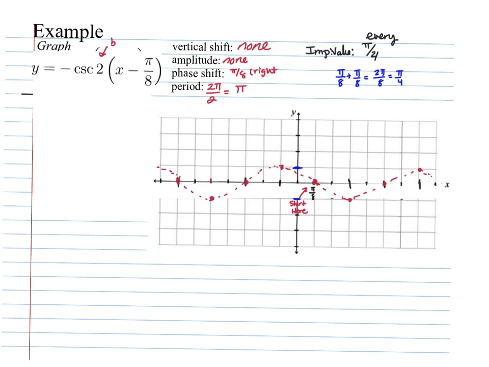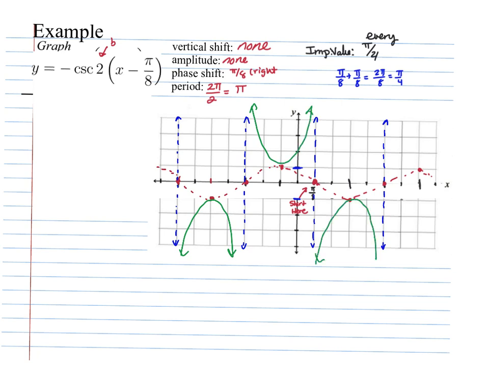That means that every intercept is an asymptote. And every max and min is my actual function that I'm graphing. And that's what we get.